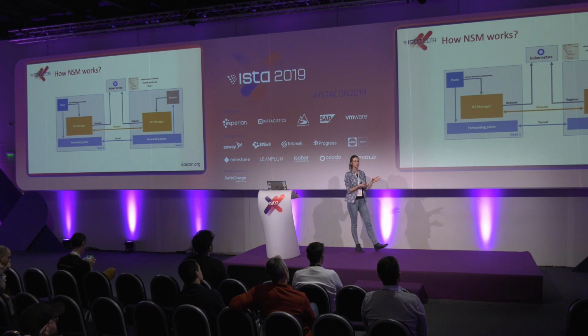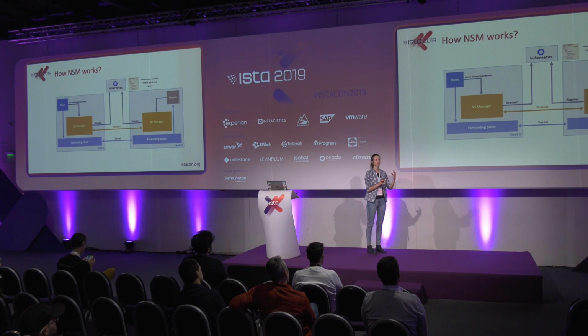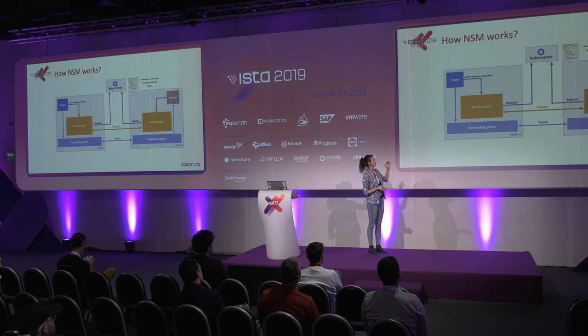And as you can see, it's different, because other service meshes just provide top-layer solutions for microservices like security and so on. Here, based on gRPC protocols, you create a point-to-point connection.